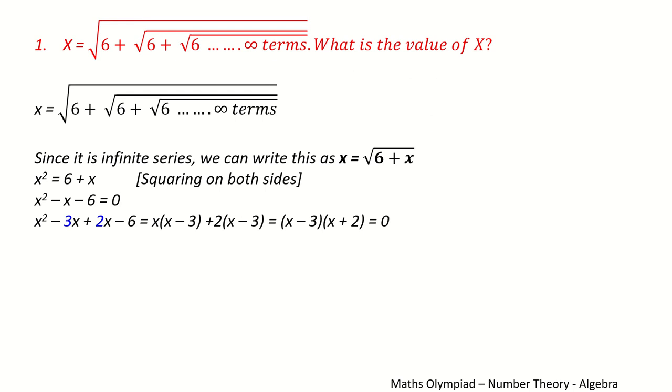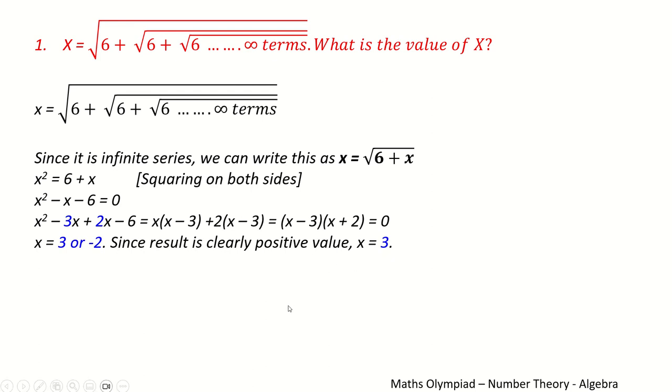So you write minus 3 plus 2. So x square minus 3x plus 2x minus 6, which is nothing but (x minus 3) into (x plus 2) equals 0. So x has two values, 3 and minus 2. Since this is a square root of a positive number, obviously you don't get a negative value. So the answer is x equals 3.